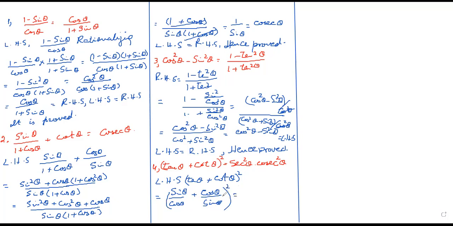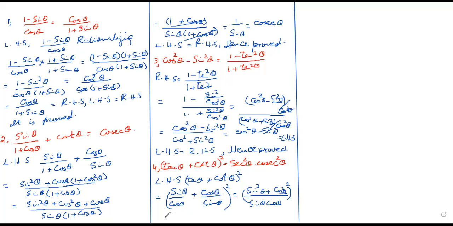Which is equal to, now multiply it, taking LCM sine theta cosine theta, and this will become sine square theta plus cosine square theta and the whole square.